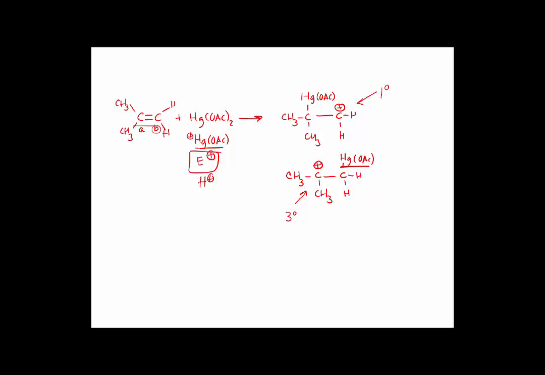Are we all agreed now that's going to be B? So if it adds to B, it gives me a tertiary carbocation. If it adds to A, it gives me a primary carbocation. So it isn't going to add to A. And I'm treating the Hg plus as if it was an H plus. I'm treating it as if it's any plus.